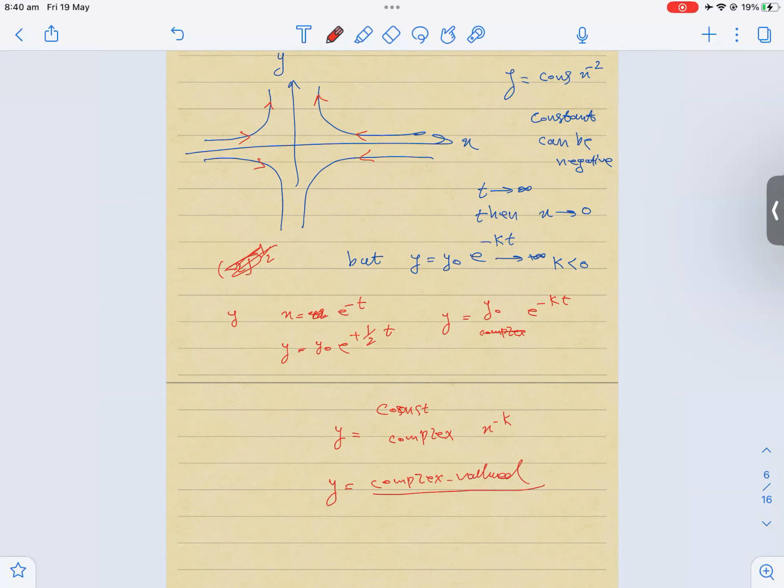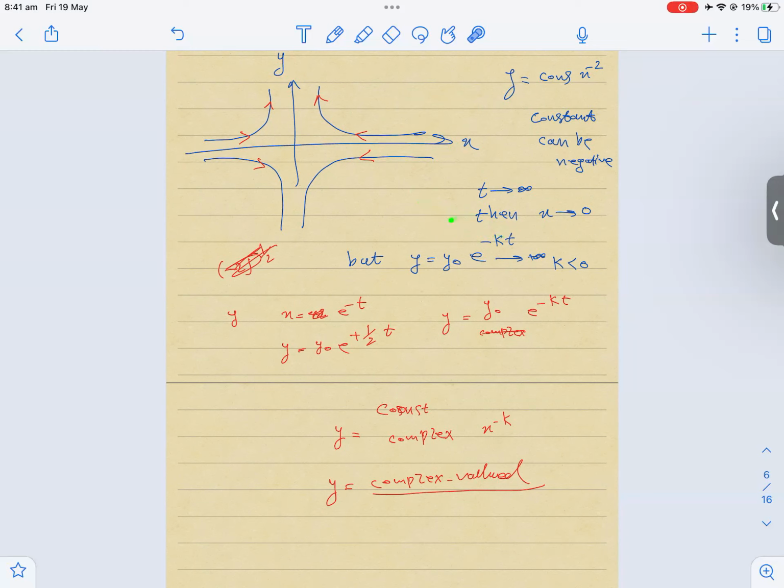So it has a real part, probably like this, and an absolute value, but for the imaginary part we should consider two plots: one with real y against x, the other with imaginary y against x.